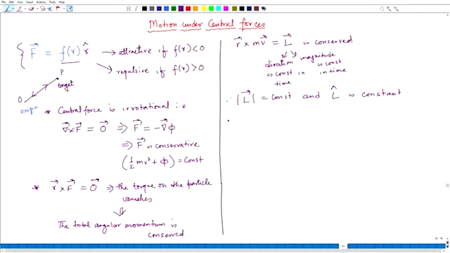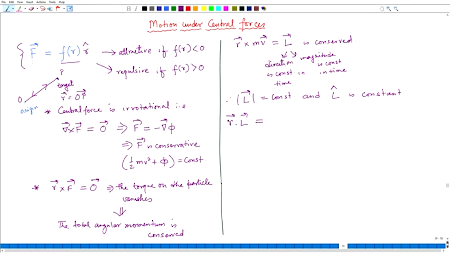Now, if we do something very simple but interesting, I take a dot product of this L vector with r here. R is the position vector of the particle, that is the OP vector.